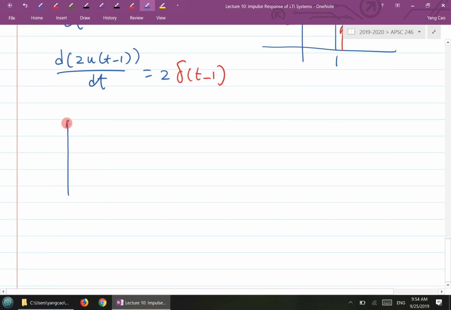Now, interestingly, sometimes I'll show you an example here. So let's say I have a function x of t. This function x of t looks like this.